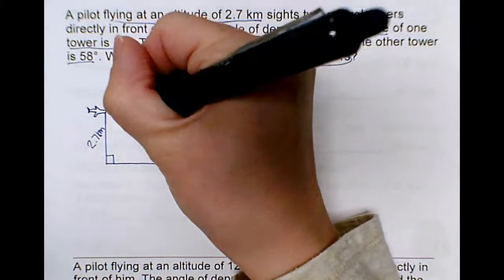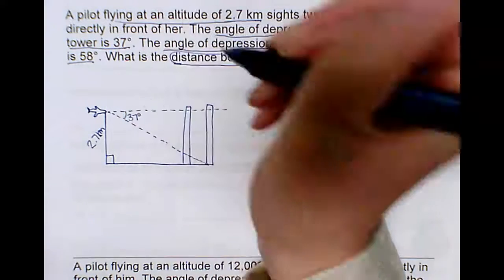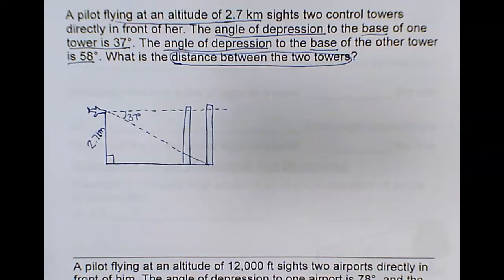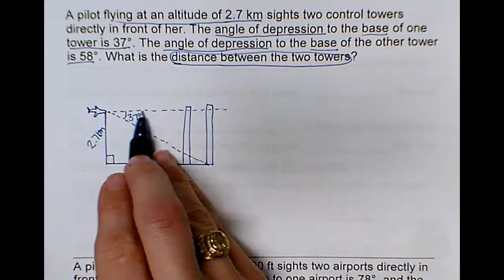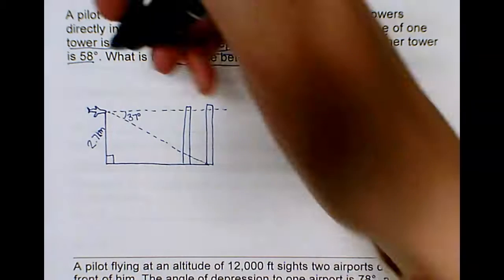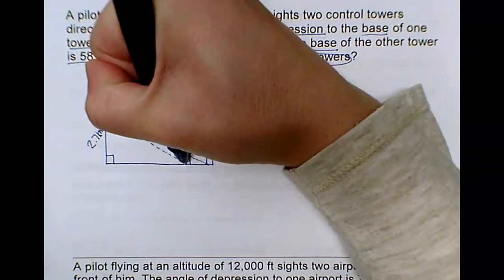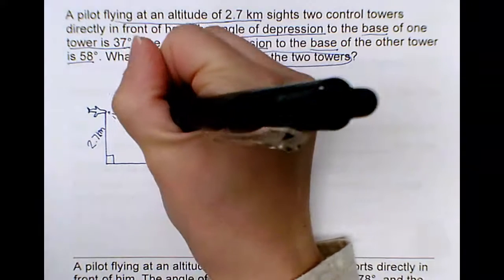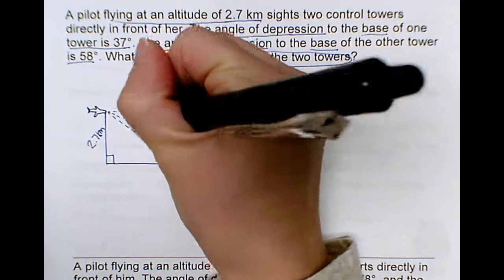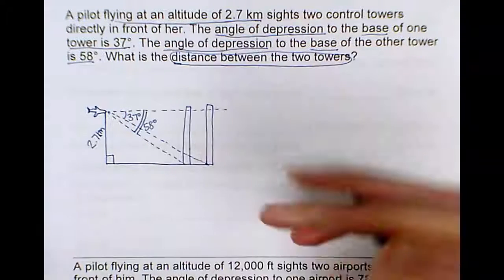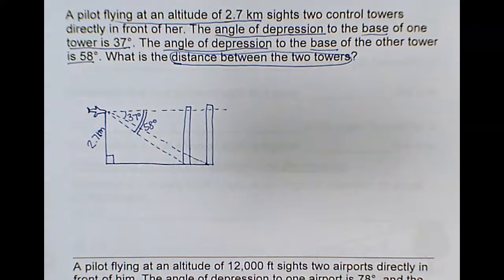So this is 37 degrees. And then the other angle of depression is with the horizontal line and then the line of sight to the base of the other tower. And that is 58 degrees. And I need to know the distance between the two towers.